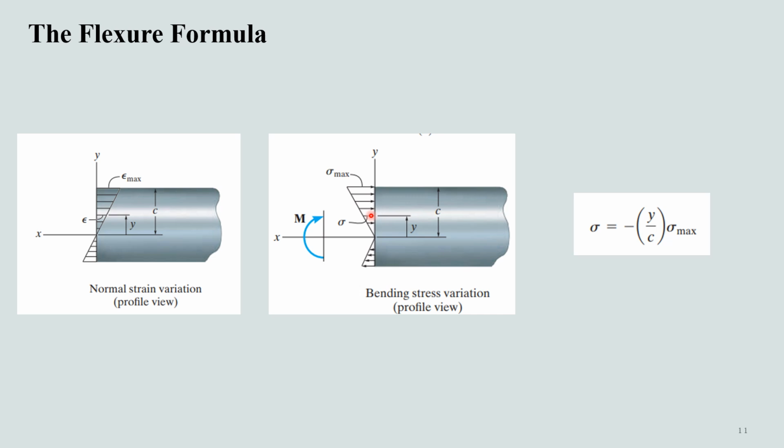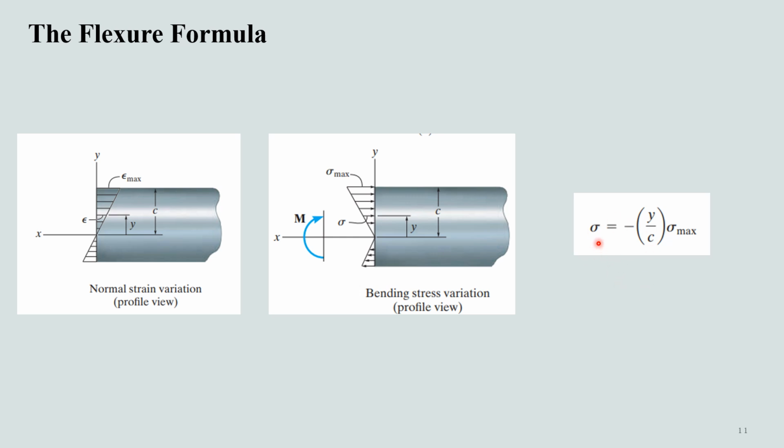Hence, like the normal strain variation, stress will vary from 0 at the member's neutral axis to a maximum value sigma max, a distance c furthest away from the neutral axis. Because of the proportionality of triangles, by using Hooke's law, we can determine this relation in a similar manner to how we determined it for the strain on the previous slides.